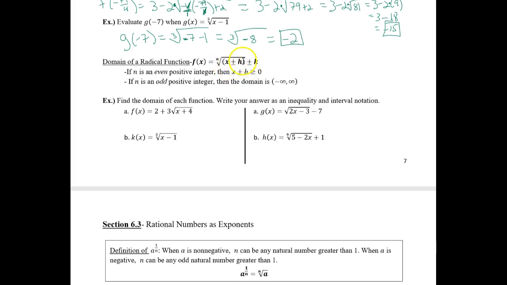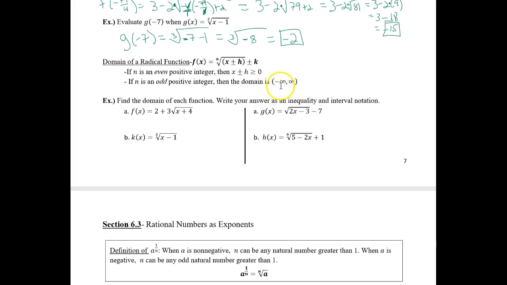Okay, we can't take the square root, the fourth root, the sixth root, any even root of a negative number. So everything under that radical has to end up being greater than or equal to 0. If it's an odd root, so third power, fifth power, seventh power, the domain is everything.